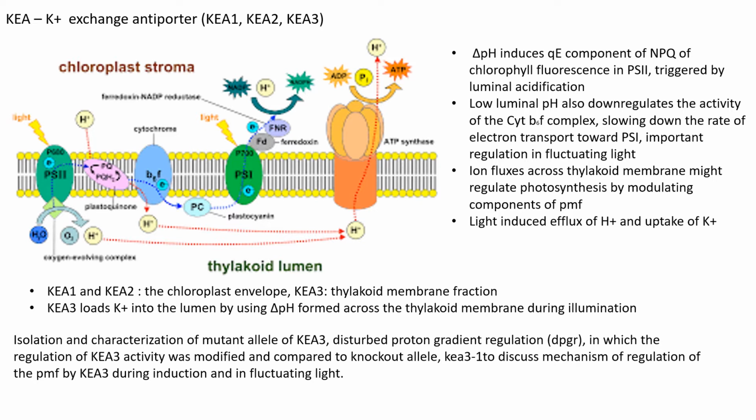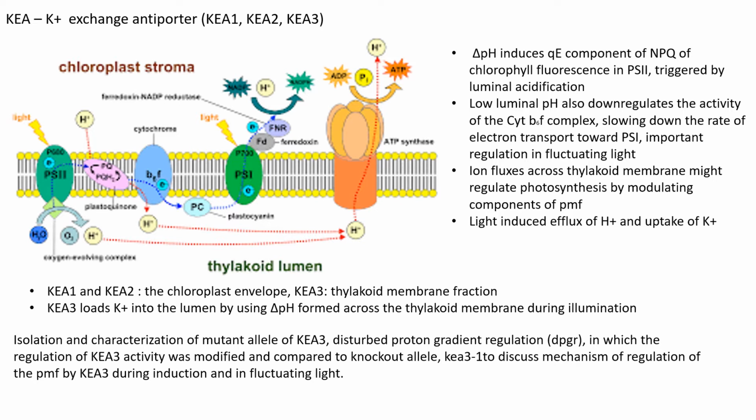The reason why we are discussing this paper is because in this paper the authors have isolated and characterized a mutant allele of the antiporter. This mutant allele we will be calling the disturbed proton gradient regulation allele, or DPGR, in which the regulation of KEA3 activity was modified, and this was compared to a knockout allele of KEA3.